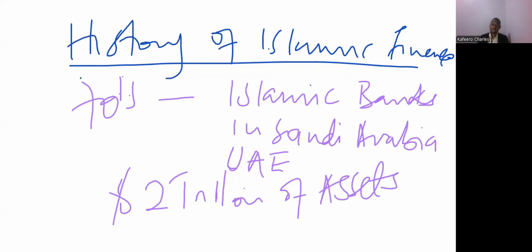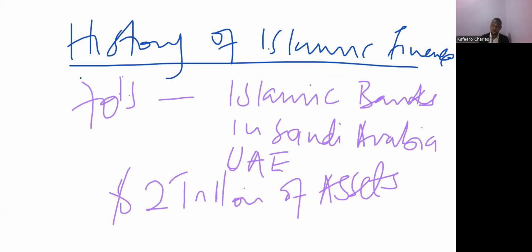In other words, it has developed over the years, because we've seen very many countries have started having both commercial and Islamic banks, like here in Uganda. But we shall see what differentiates Islamic banks from the conventional banks that we know.